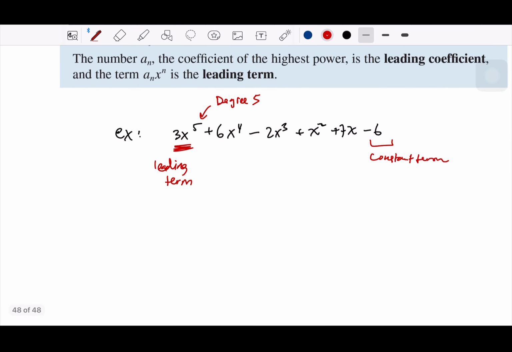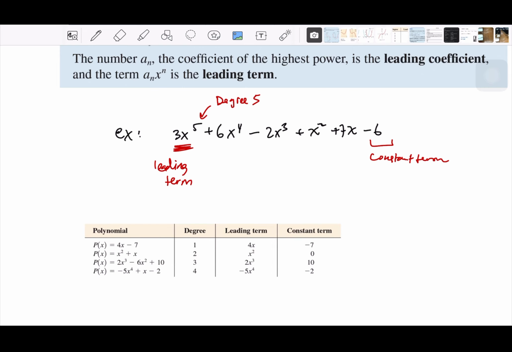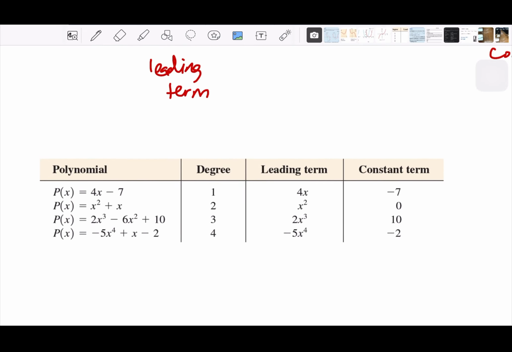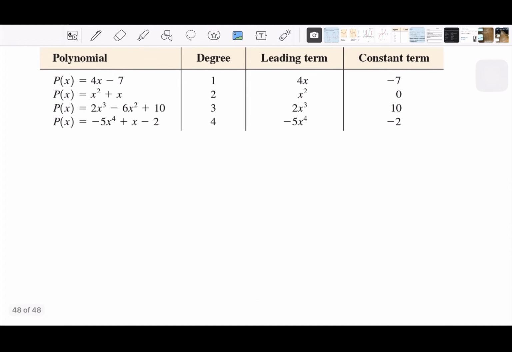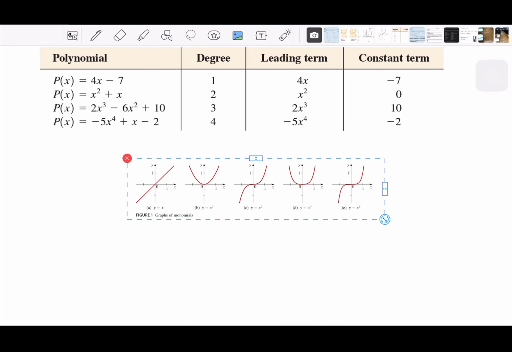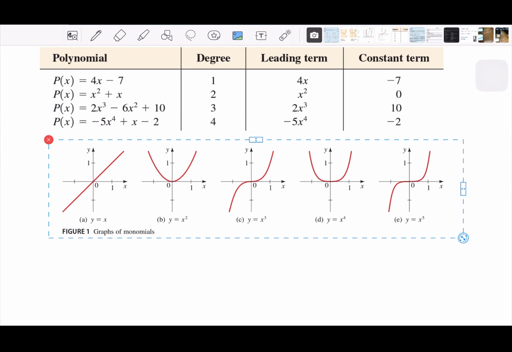If we look at another example, this is how it looks. We have examples for degree 1, 2, 3, 4, with the leading term and constant term. Not really a big deal, but you should be familiar with this. Another example is some basic monomials.